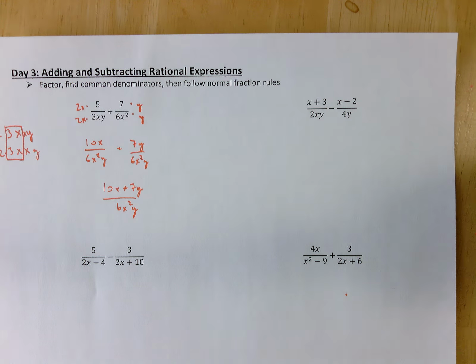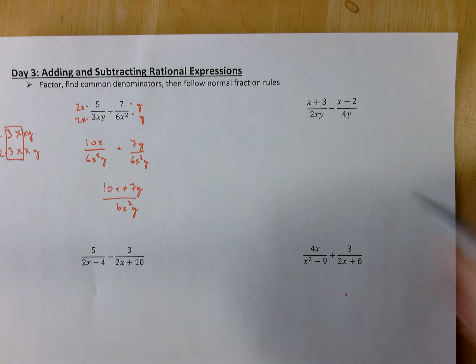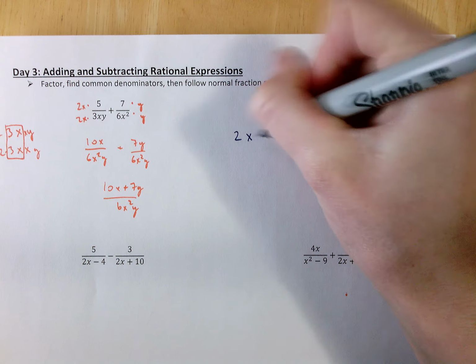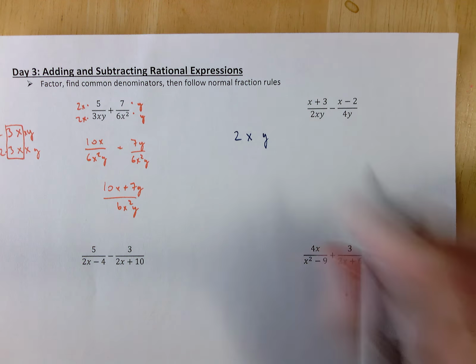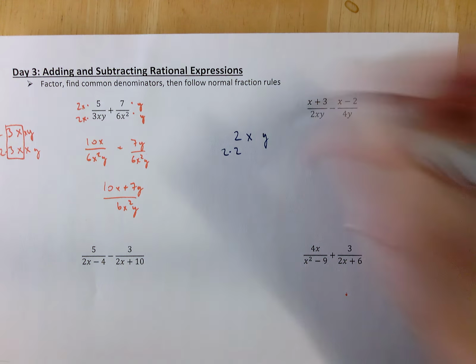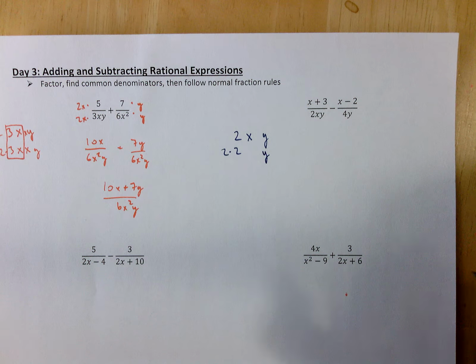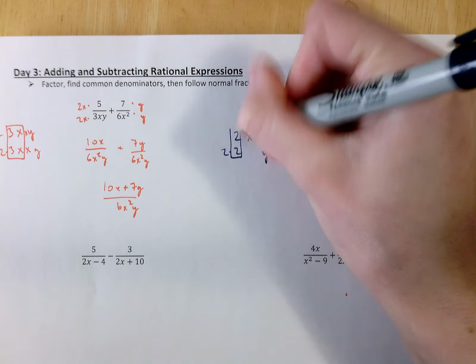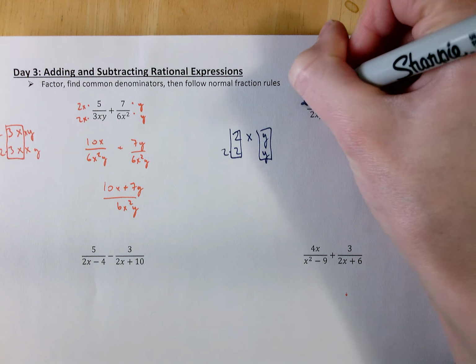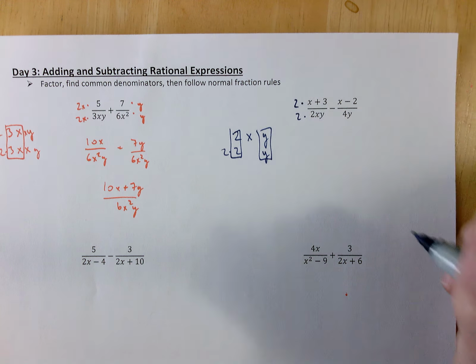All right, let's take a look at this guy. So again, what I'm thinking to myself with the denominators is the first one is a 2, and then times an x, and then times a y. The second one, 4, is 2 times 2, and then there's a y. So they have those in common. The first one needs a 2 to make it be the same.